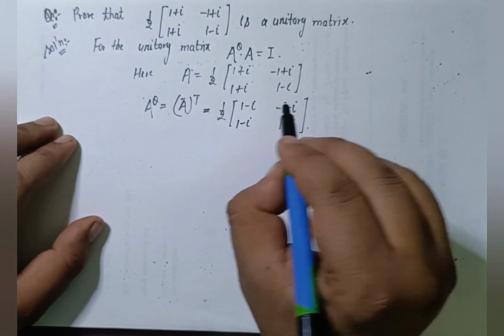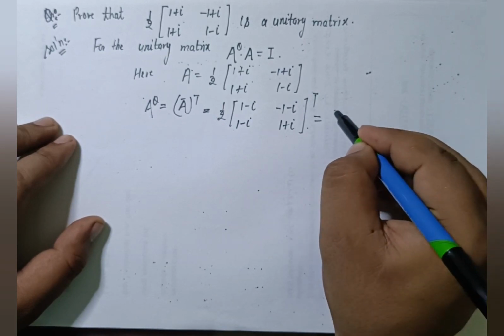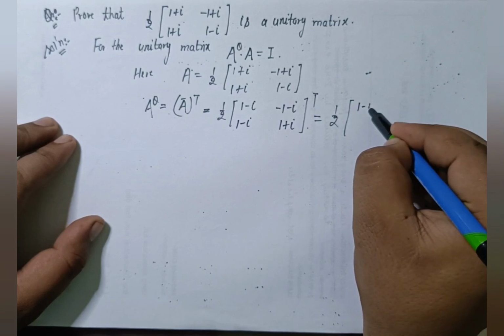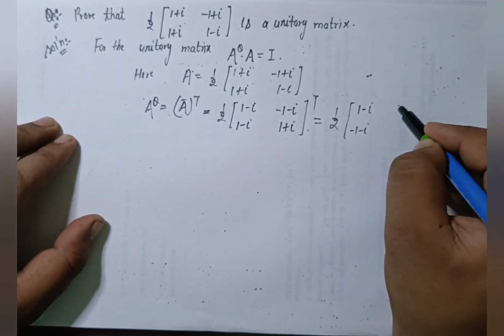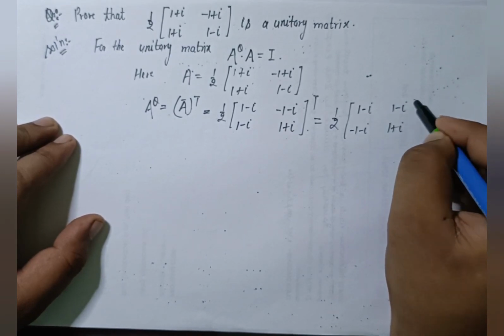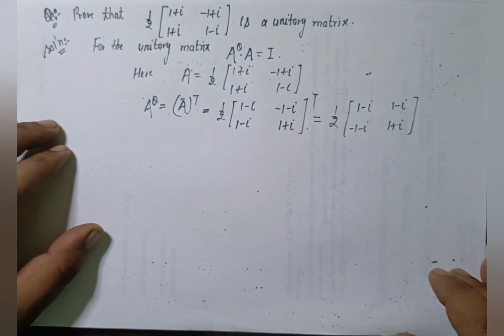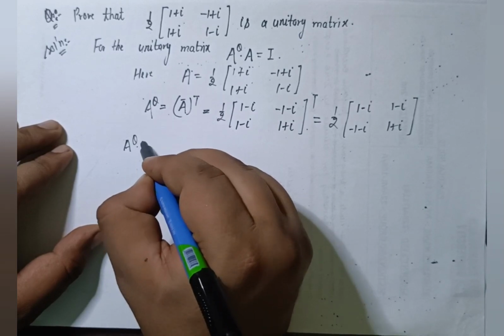Now it is the conjugate of this given matrix. Now we transpose it, converting the first row into the column, that is minus 1 minus iota, and 1 minus iota, and 1 plus iota. Now it is the A theta, and now we multiply A theta into A.